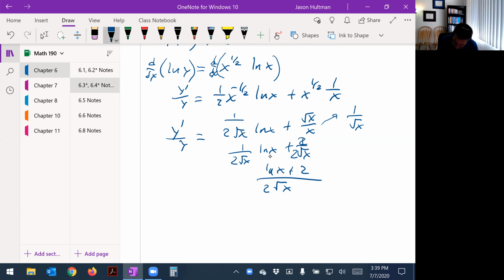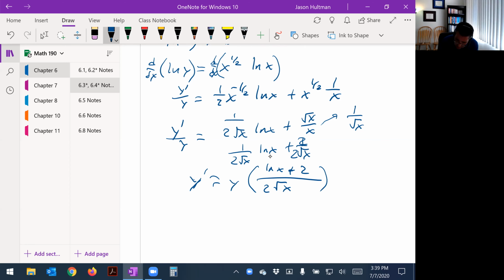That's an ln, by the way, ln of x, plus 2 over 2 radical x. And then this is all times y, right? If we do the y. Okay, y because I asked, that's why. No, just kidding. What was y?